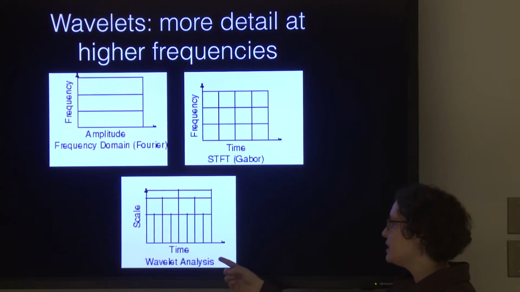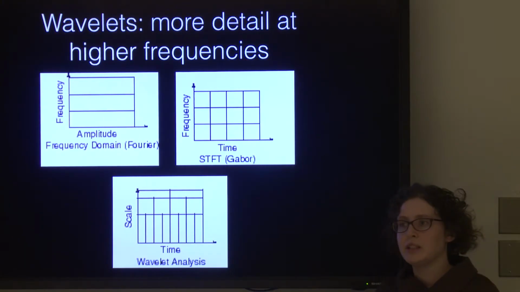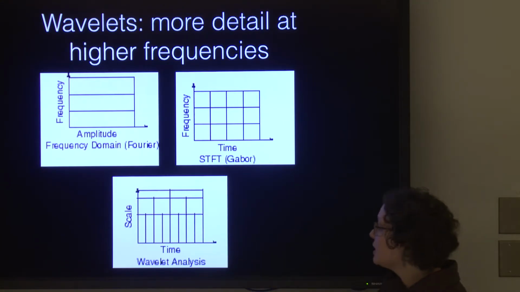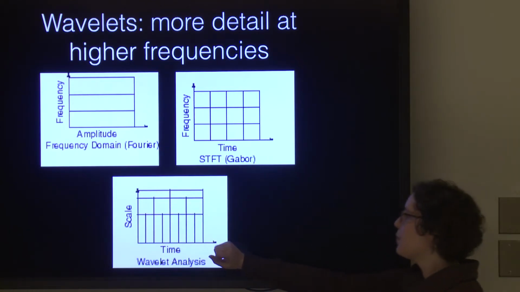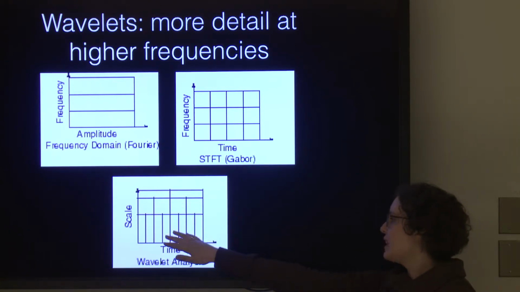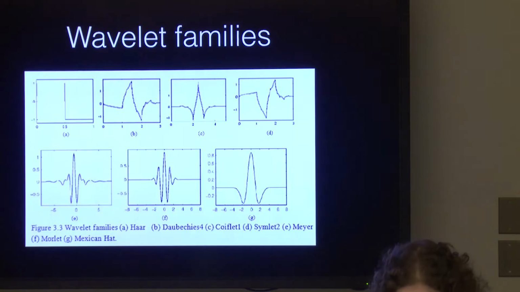So what it has is time and then scales, and then it finds what's the dominant frequency for different times. The scale is the same as frequency. So it finds what's the dominant scale at different times. I'll show you an example and it'll be more clear.